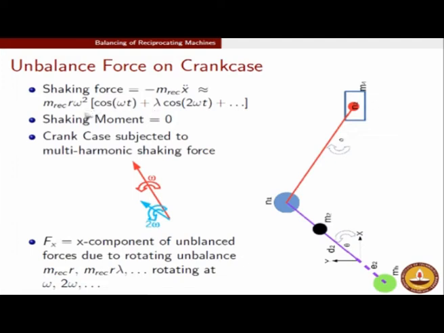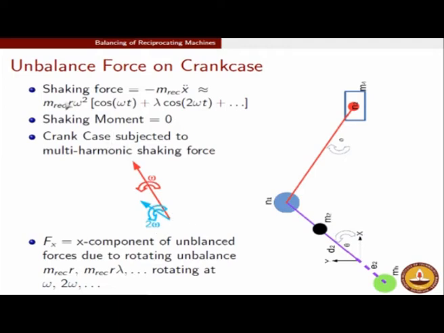At this stage we will try to interpret this shaking force in another way. We are seeing that it has a cos omega t component and a cos 2 omega t component, which means this term is like a rotary unbalanced term. m omega square r is the force created due to rotating unbalance, but this time you are multiplying it over cos omega t and cos 2 omega t with the lambda term. So the total shaking force is along the x component of these rotating vectors.